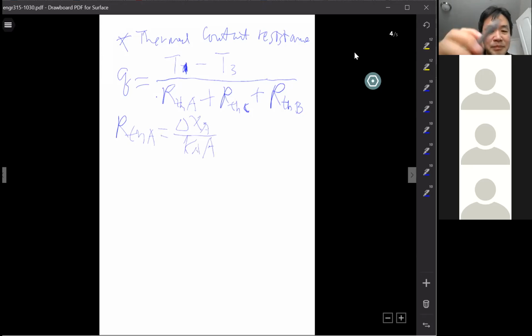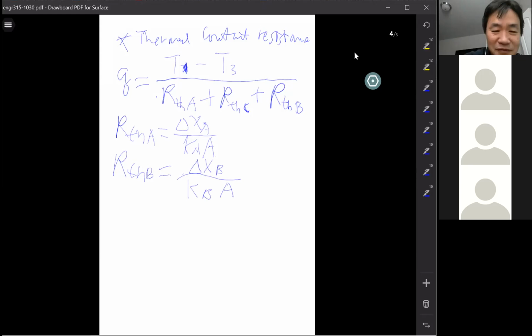So that's good, you remember. That's great. Then every time you solve a problem, you don't have to go open the book and find the equation, right? It will give you less frustration if you memorize those things. So the thermal resistance of B is the same thing, also the same form. Okay, if you remember, no problem, we solved it.